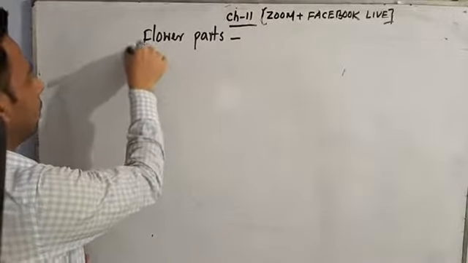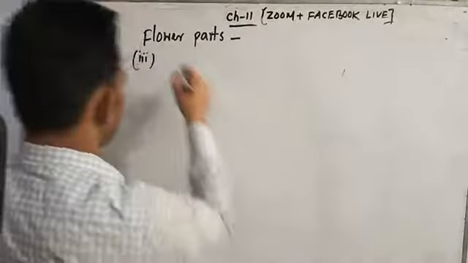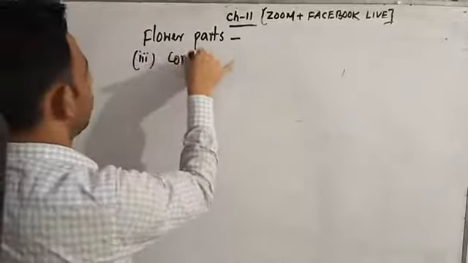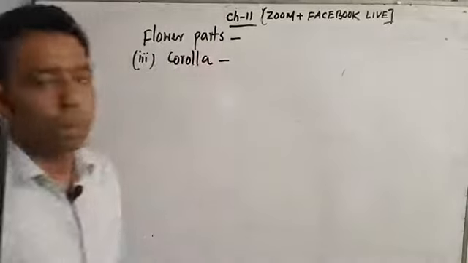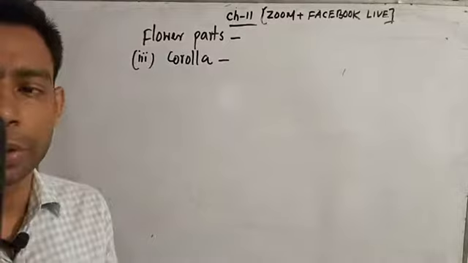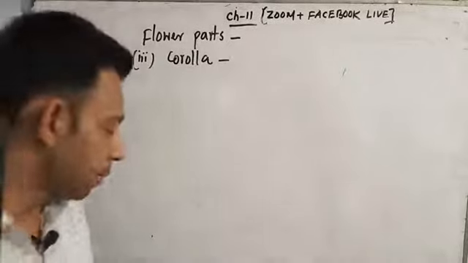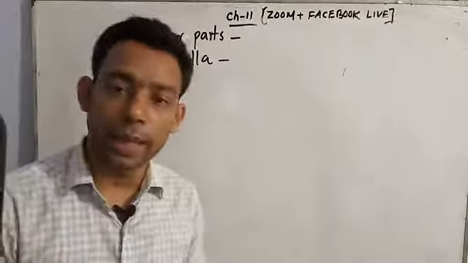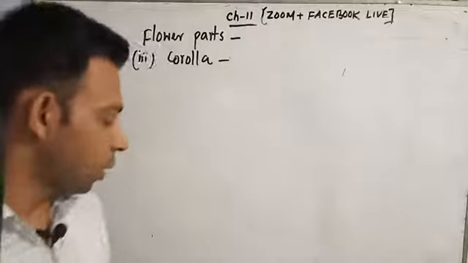Third one is the corolla, and you know that each and every part: first one was the thalamus, second one the calyx, and third one is the corolla.